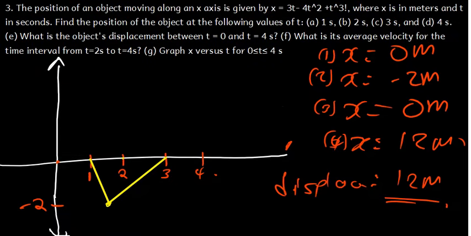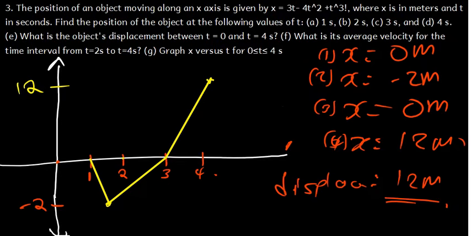Then next it started from this point again going to 12. So we're going to have our 12 there. Then it's going to start from 4. When time was 4, it was 12. So it's going to be somewhere here. So we can have our line from this point all the way to this point.